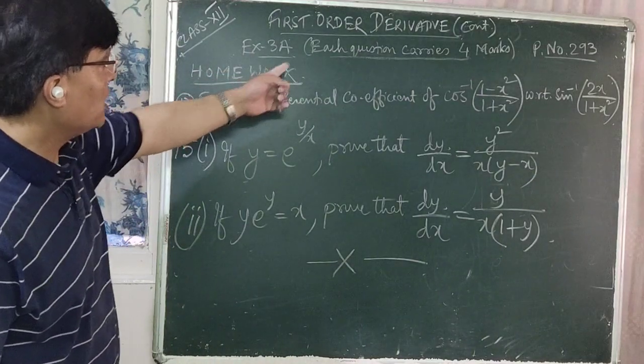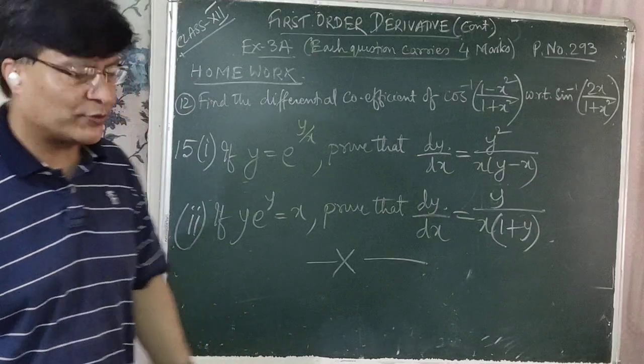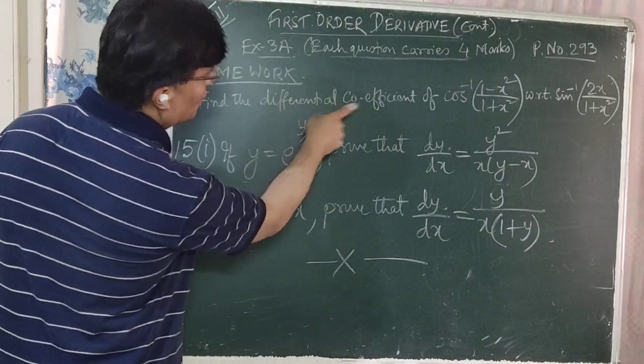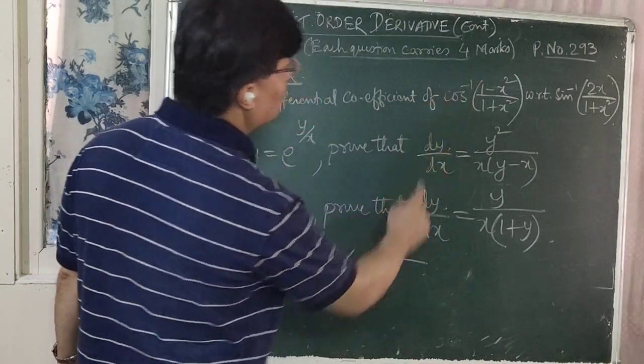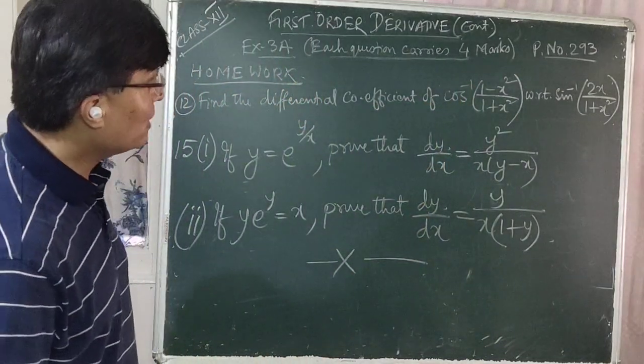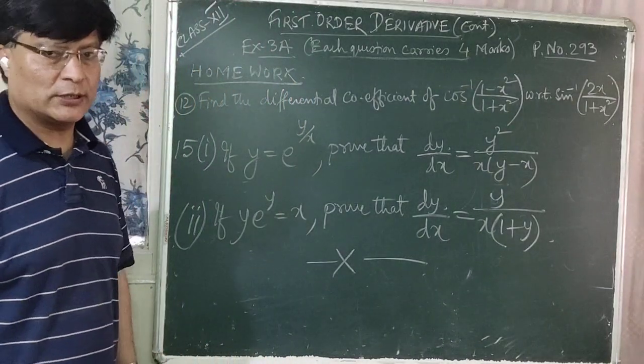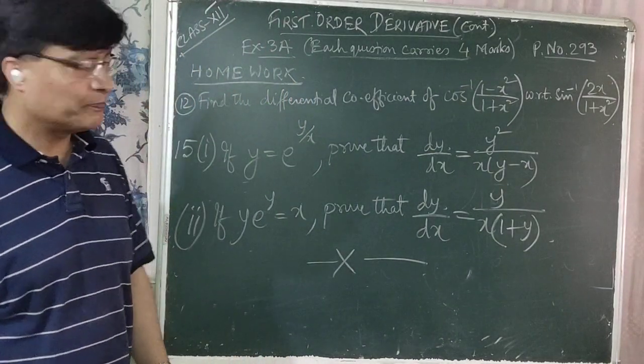From the same exercise 3, each question carries 4 marks, page number 293. That is, your homework is question number 12. Find the differential coefficient of cos inverse within bracket 1 minus x square upon 1 plus x square with respect to sin inverse 2x upon 1 plus x square. You know how to do it, isn't it? So you can do it at home, right?